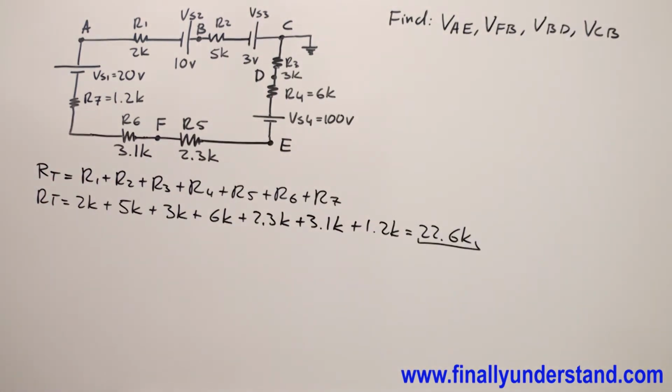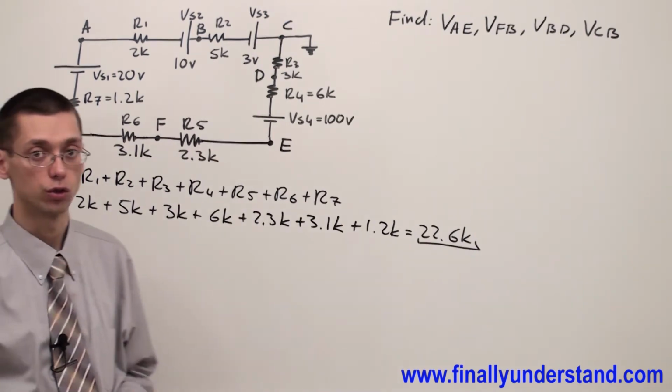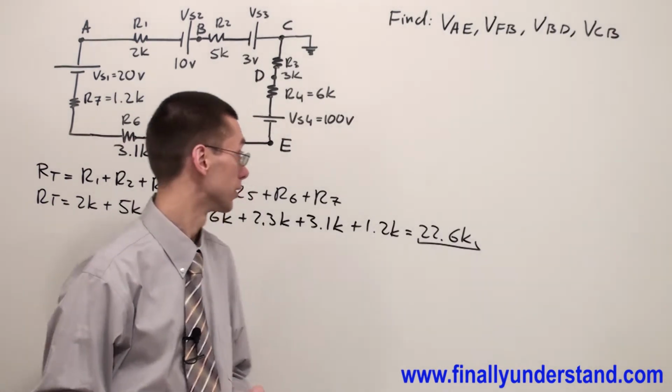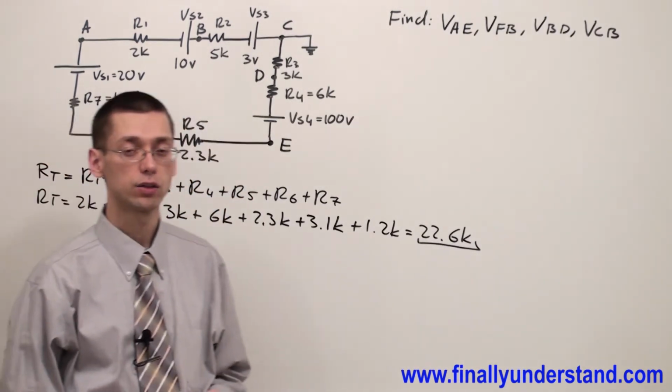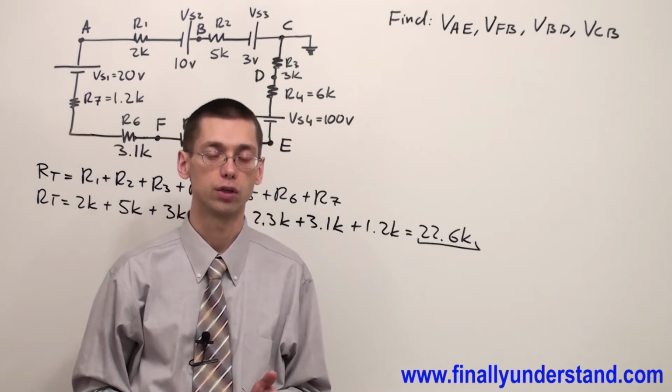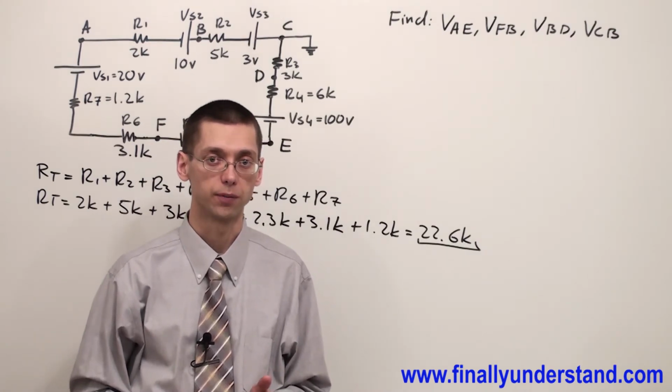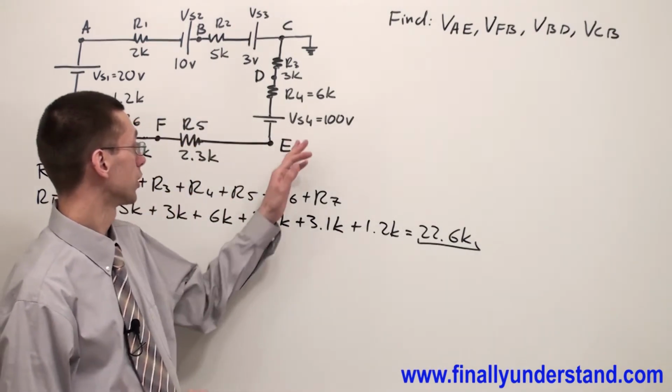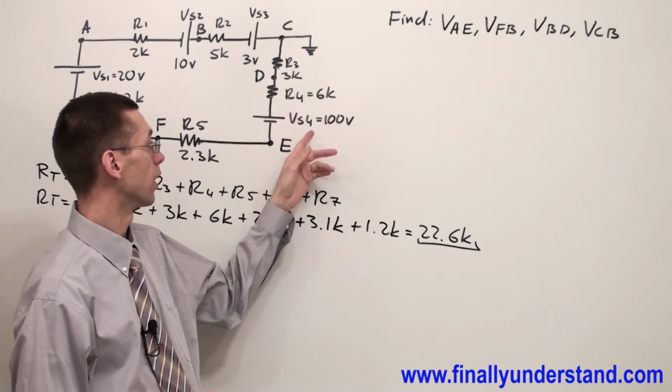Next, we're supposed to find the total voltage. Anytime you look for total voltage in a series circuit, start always from the strongest power supply. My strongest power supply is 100 volts.